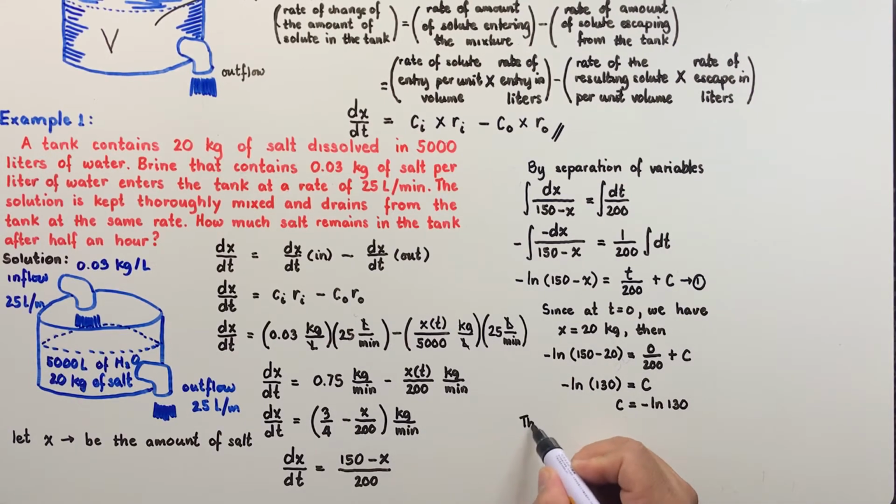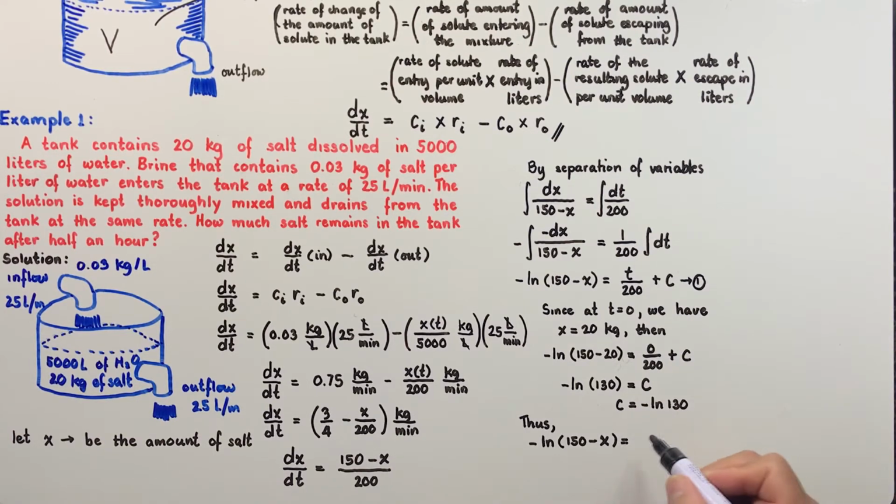Thus, our equation is the natural log of 150 minus x, which is equal to t over 200 minus the natural log of 130. But our goal here is to find our x, the amount of salt inside the tank after 30 minutes. So we need to solve for our x here.